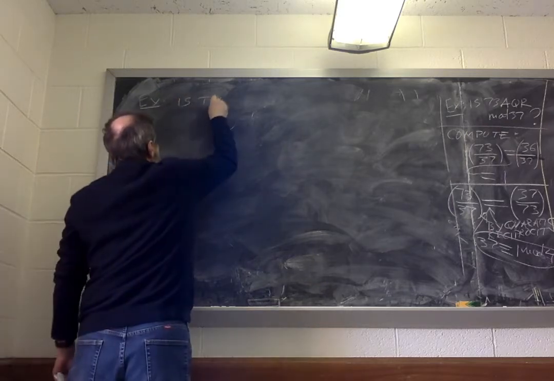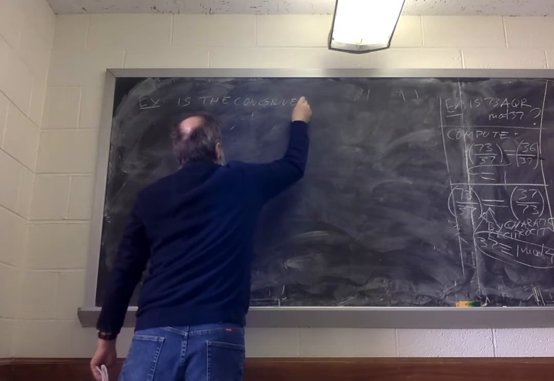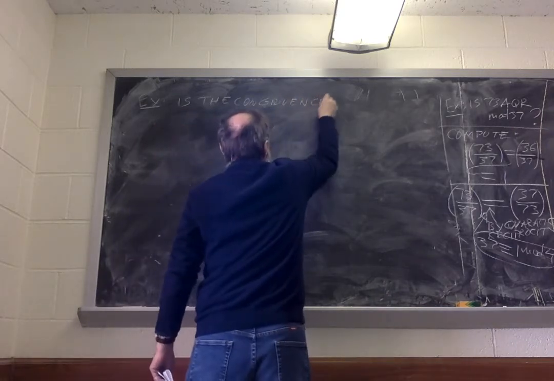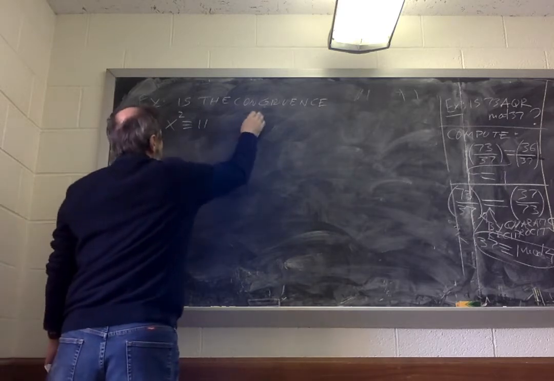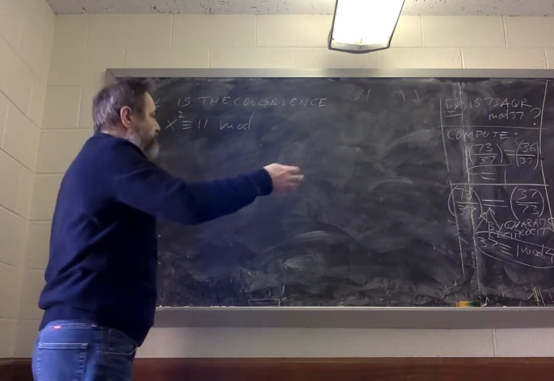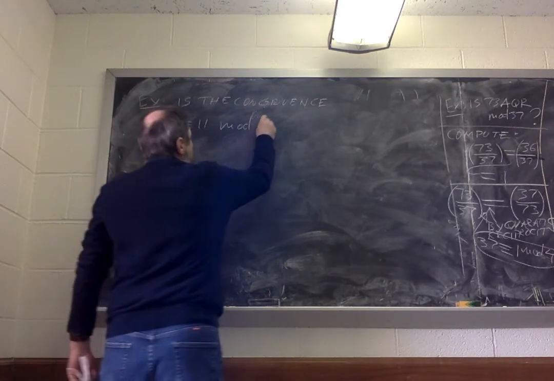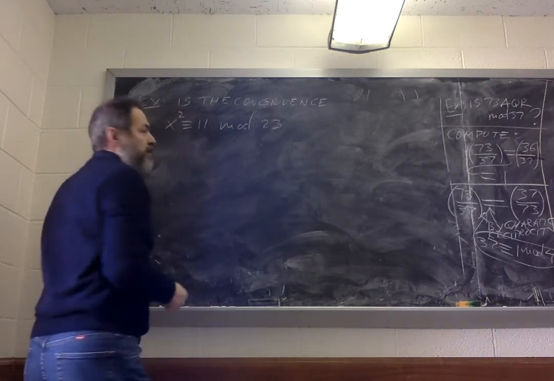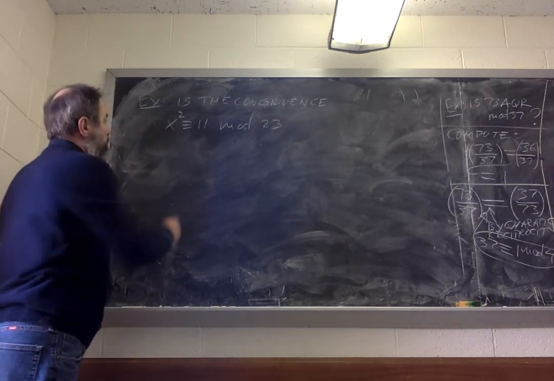Here's the congruence: x squared congruent to 11 modulo something. I need another prime number. Let's say a 2-digit prime number. 23. Good. Solvable?